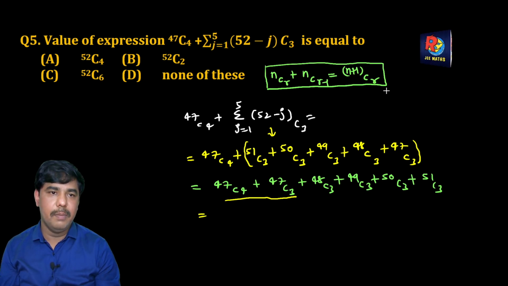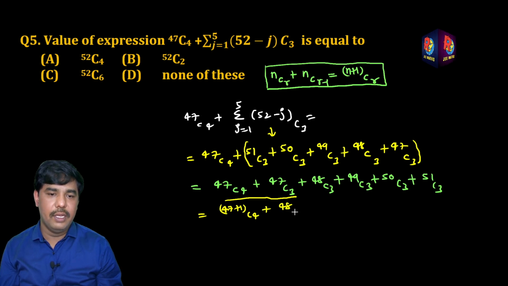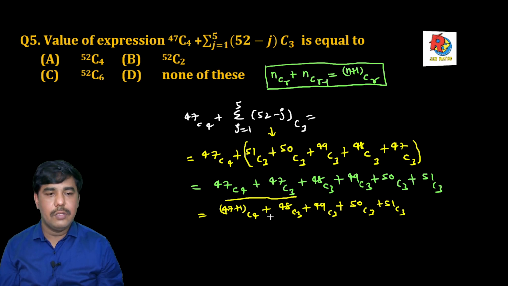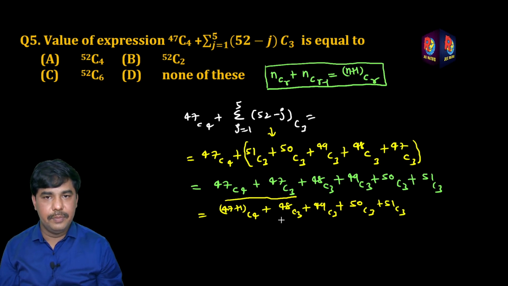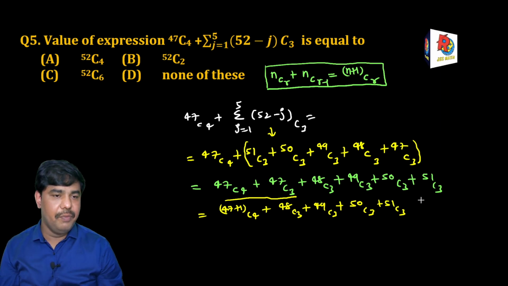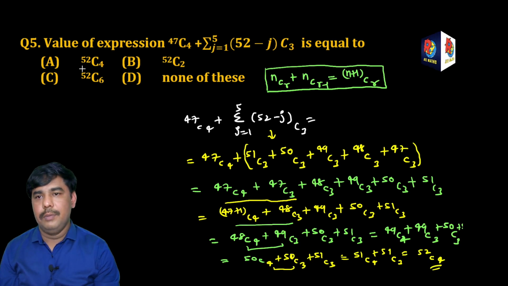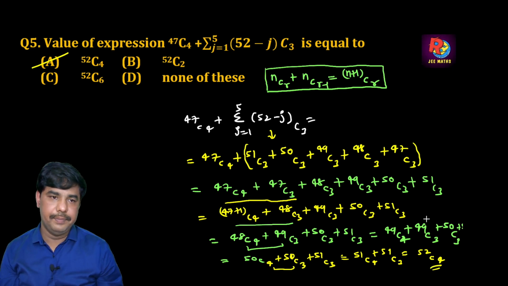So I can apply N plus 1 CR: 47 plus 1 C4. Remaining all are the same, 48C3, 49C3, 50C3, 51C3. If you apply like that, all formulas we need to apply like that, then you will get here 51 plus 1, so 52C4. Option A is the correct answer.